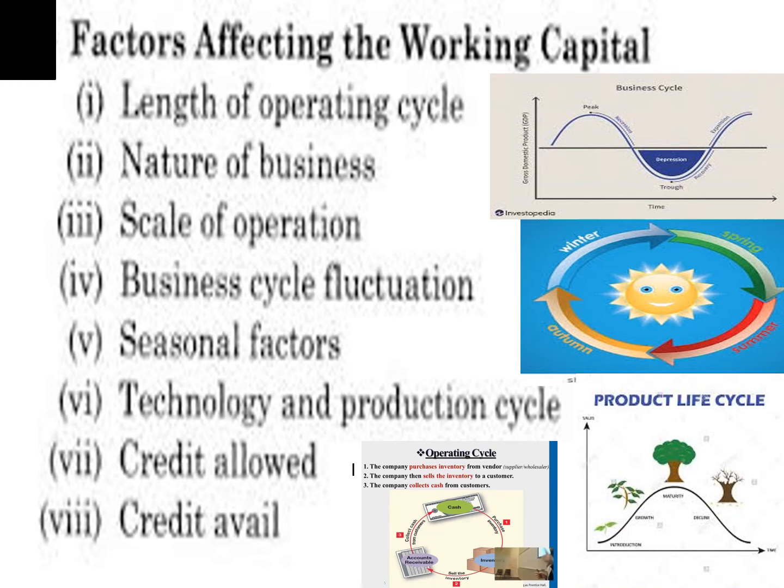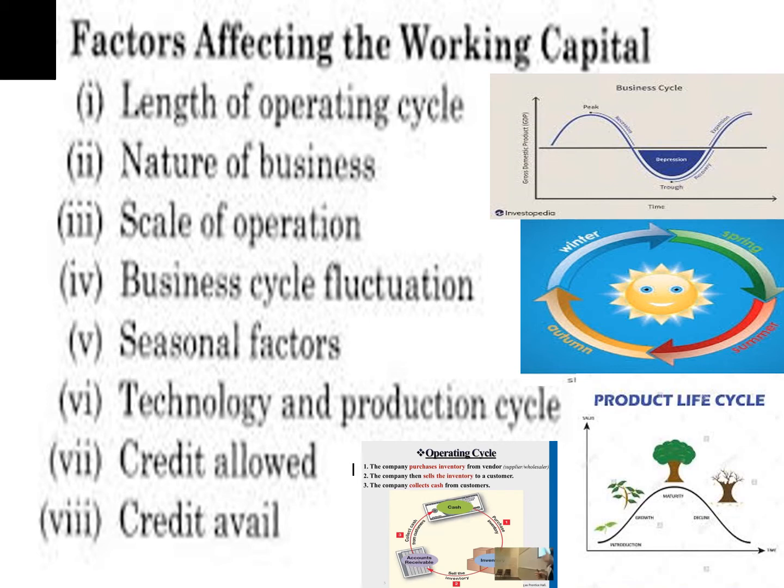The nature of business and scale of operation. Nature, some are capital intensive, some are labor intensive, and scale depending upon on what framework you're working, to what extent you're working. Now, nature of business and scale of operation will be common factor, both deciding the working capital requirement as well as fixed capital requirement.